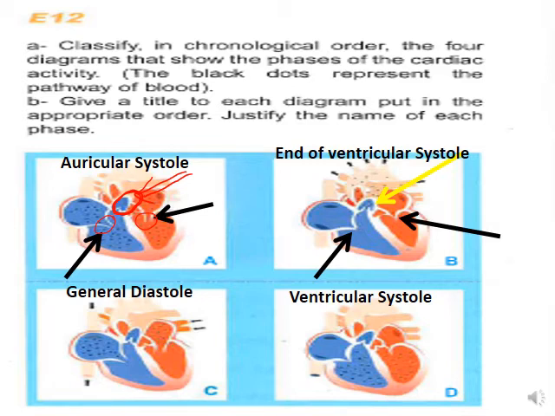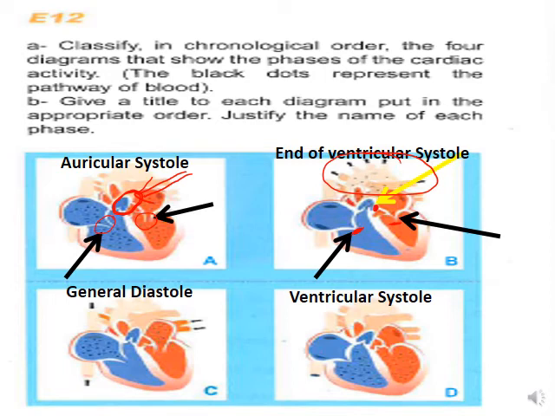While moving to figure B, figure B is the heart at the end of ventricular systole. Why? Because the ventricles are contracting and they push the blood toward the pulmonary artery and the aorta, and the bicuspid and tricuspid valves are closed as seen here, while the sigmoid valves, the one in the yellow arrow, are open.